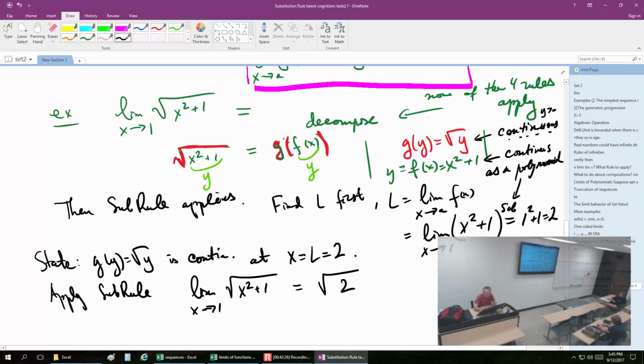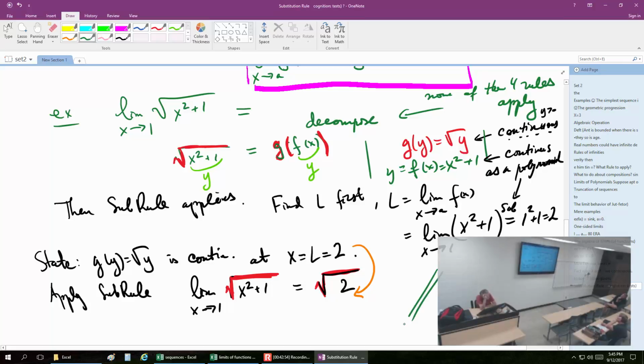So that 2 is substituted into g. That's my square root over here, and then I substitute the value of L inside of that function. Substitute literally, so we just evaluate the function at that particular value of x. That's the end of it.